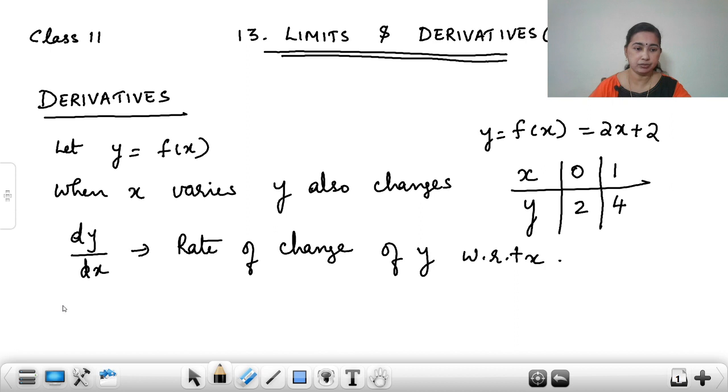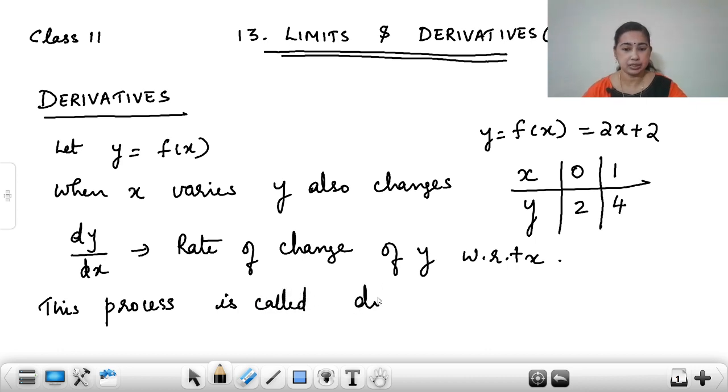So what is differentiation? Rate of change of y with respect to x. This process is called differentiation.